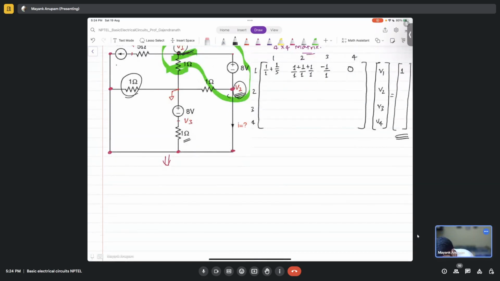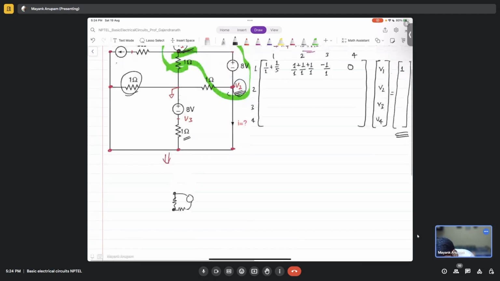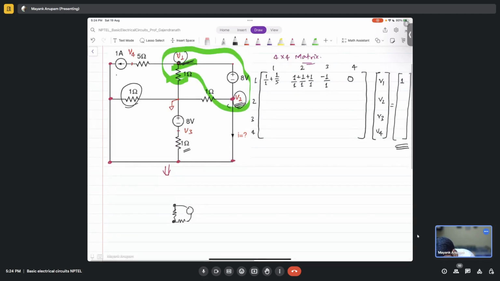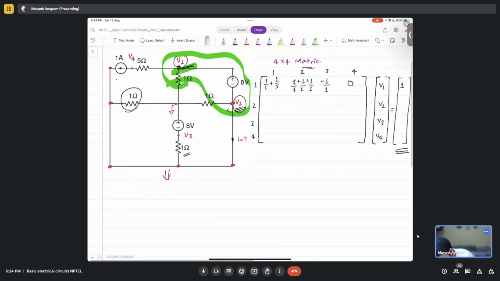So this is the circuit we have. We have a reference right in the middle, and we have this 1 ohm. Then we have a 10 volt voltage source. Again, we have a voltage source here. Let's take node V2 here.